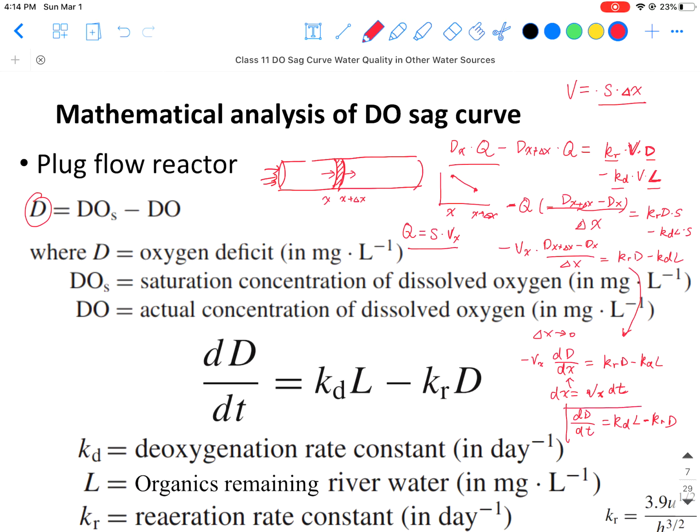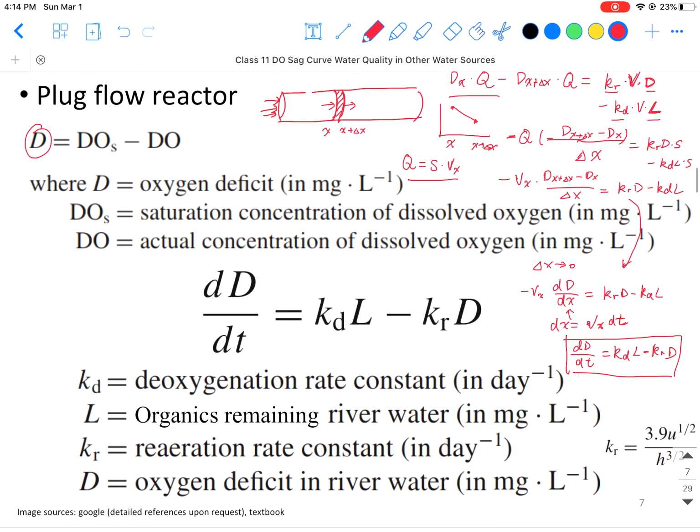Basically, from this PFR assumption, we can derive this differential equation that's describing the oxygen deficit in this river as a function of time. Okay, so again, you can see that kd here is the deoxygenation rate constant, while L is organics remaining in the river water. Okay, the kr is the reaeration rate constant, and the D is the oxygen deficit.